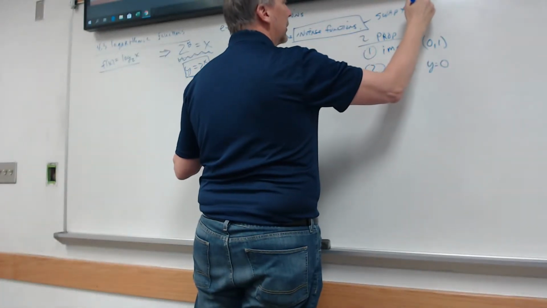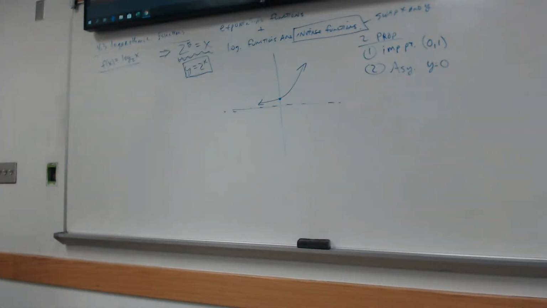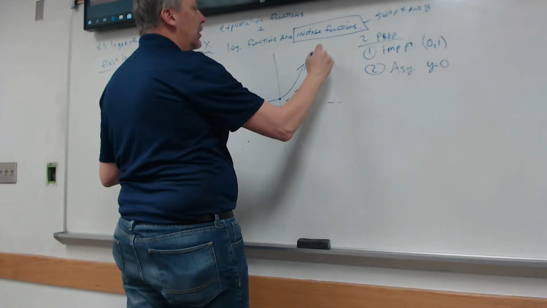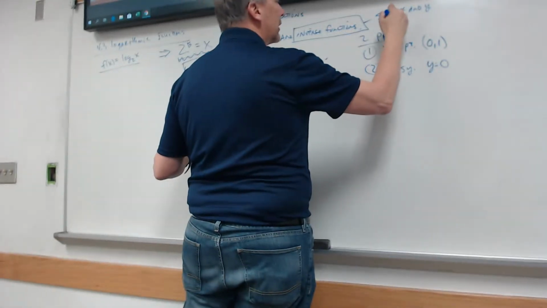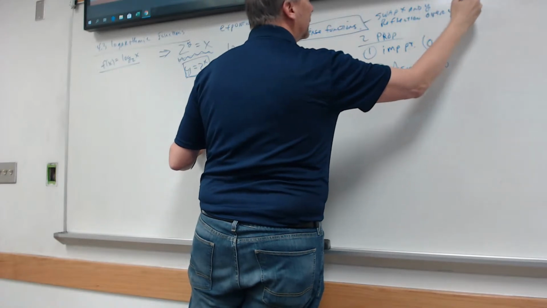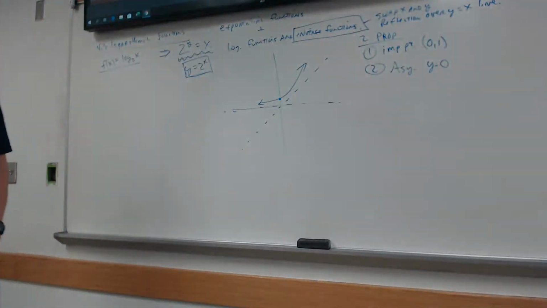Is there anything else we know? Inverse is basically a reflection over the y equals x line. I'm impressed that you remember that. Okay, so it's a reflection over the y equals x line. That's very, very important.